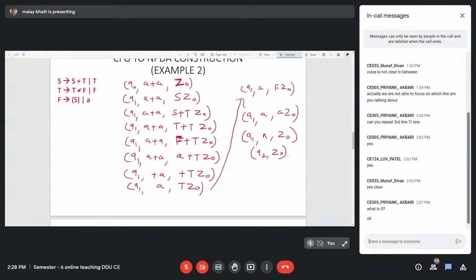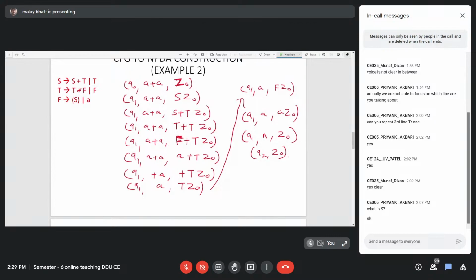Now as A is in the input and A is on the top of the stack, we'll apply a pop rule. Similarly, plus is in the input and plus is on the top of the stack, so we'll apply the pop rule. So we are getting the last step in the first column, Q1, A, T Z0. Now for T, we'll apply the rule.